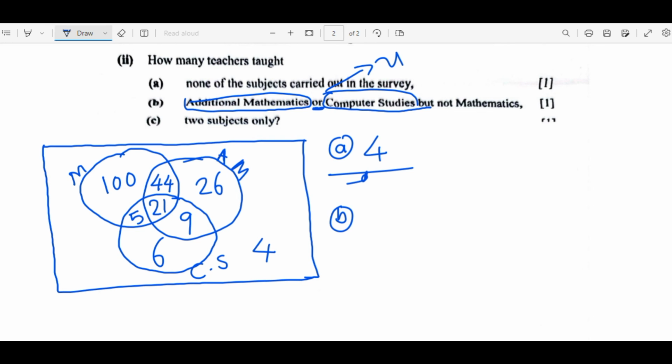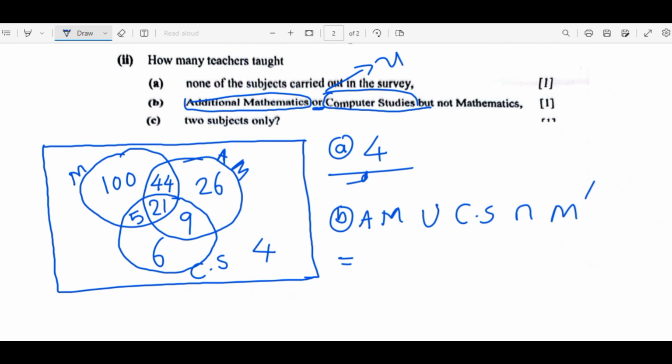So what is the union of maths? So it's like additional mathematics union computer studies, then intersection maths complement.